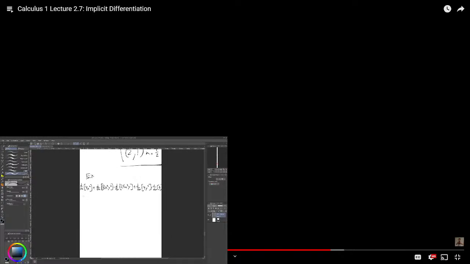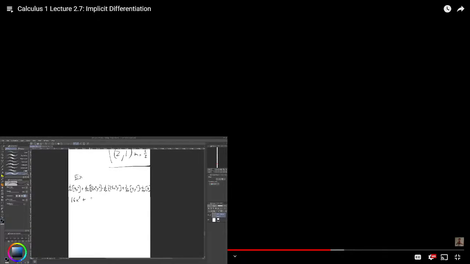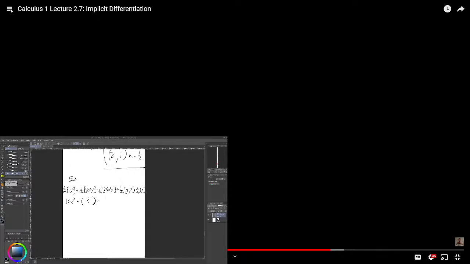So we got 16x to the third plus a product rule. Great. Okay. I'll do this off to the side. Minus, are you kidding me? Another product rule.